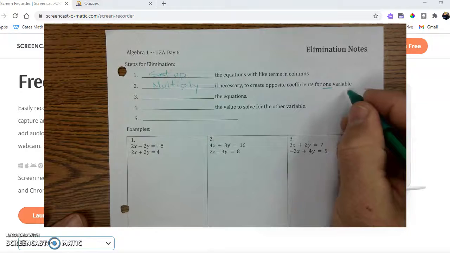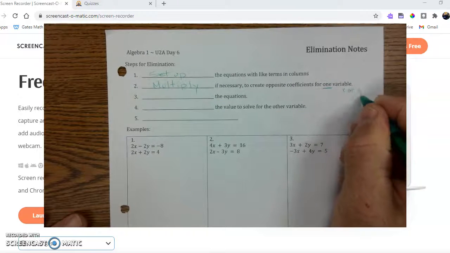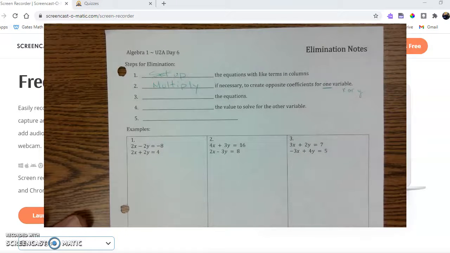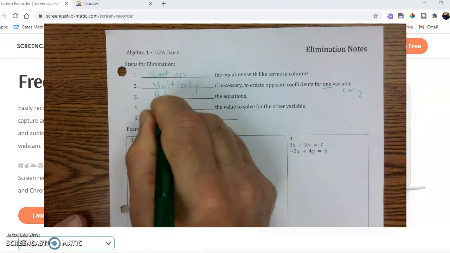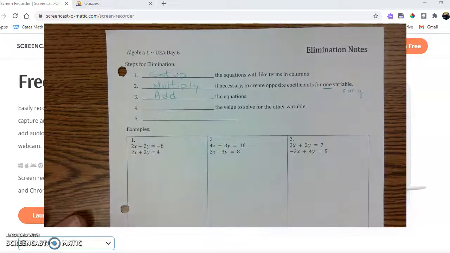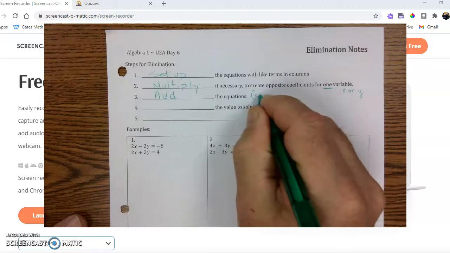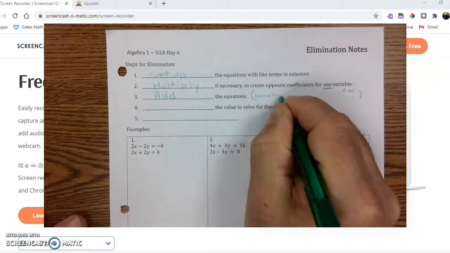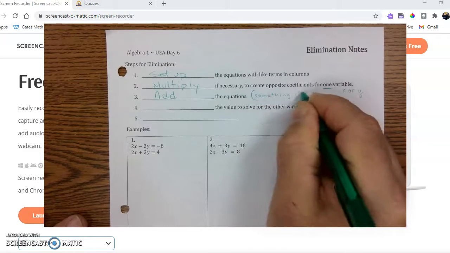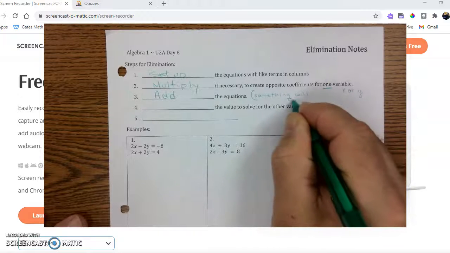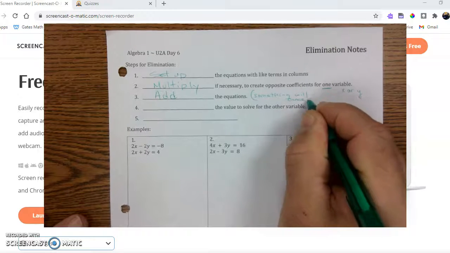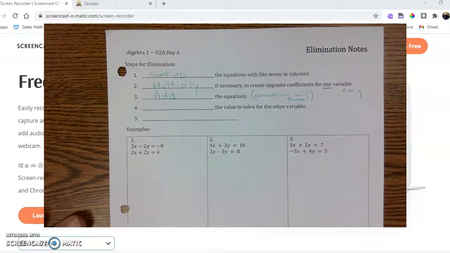It can be x or y, it doesn't matter. If we have opposite coefficients for one of the variables and we then add the equations, that means something will cancel out, either the x or the y.